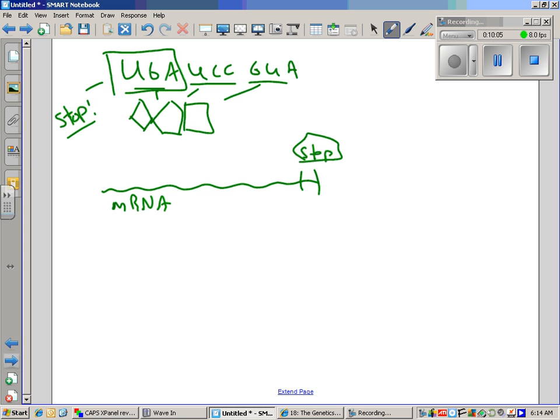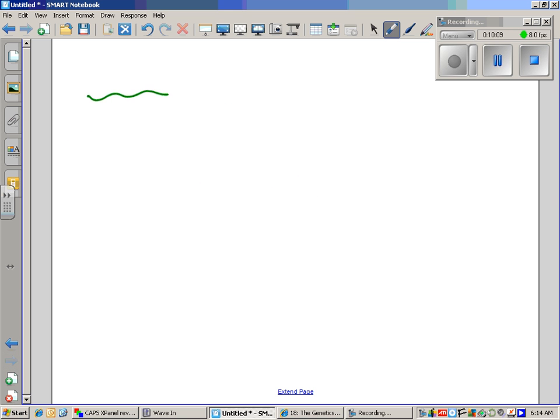That means to stop producing the protein. Now, one other thing to talk about. If this is a piece of DNA with a gene, it's a gene. Okay, so there could be 10,000 A's, T's, G's, and C's. For some reason, in human DNA, parts of this gene are meaningless.